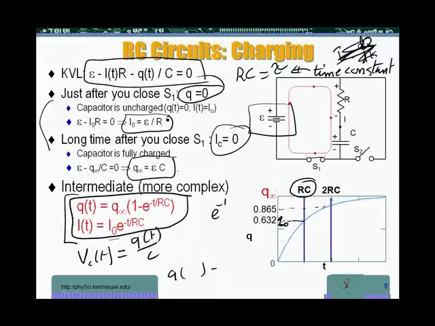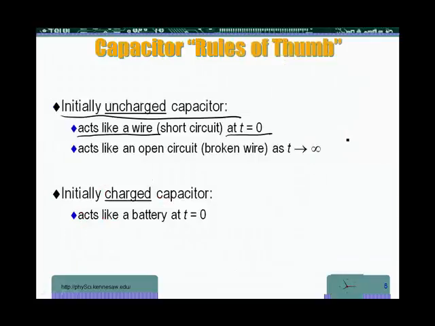The current initially is just the voltage of the battery over R. It's like there is no capacitor. Now, after a long time, there is no more current. So it acts like an open circuit. Like the circuit is broken, there is no more current through the resistor.